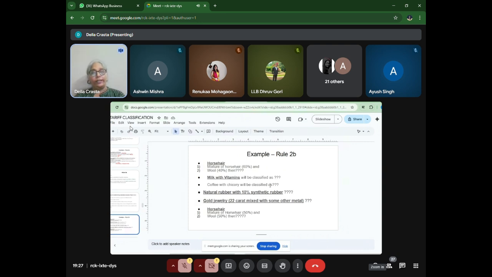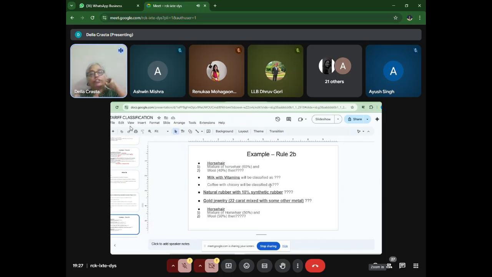The word itself tells you that milk is the major portion and vitamins are mixed in the milk. So obviously the portion of vitamins is less, but the portion of milk is more. So what will you classify this product as? Which HS code will you give to this commodity? Milk. You will give the HS code of milk, because milk is the major portion here. The essential character is more of milk.